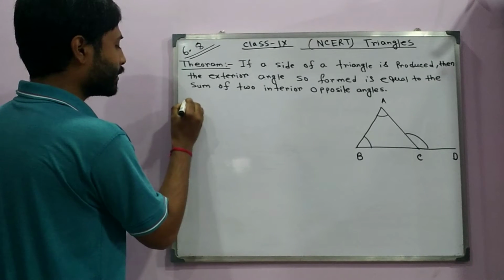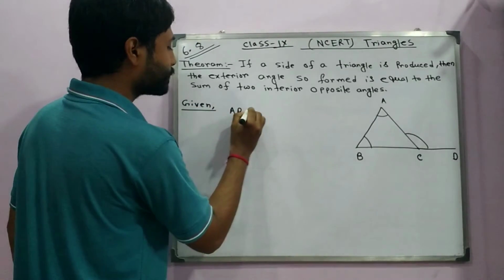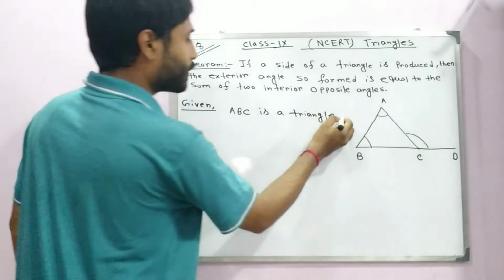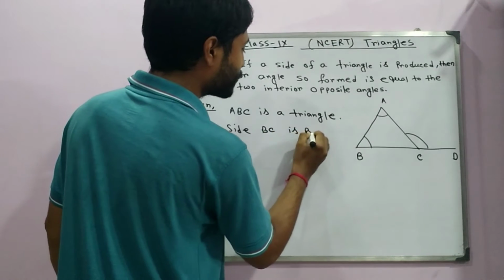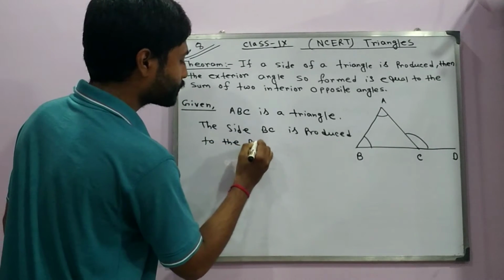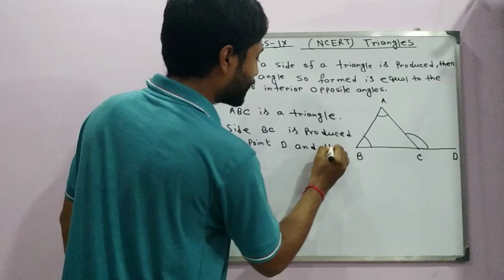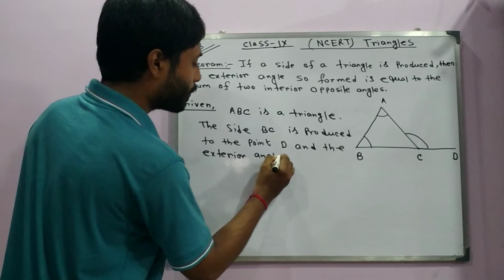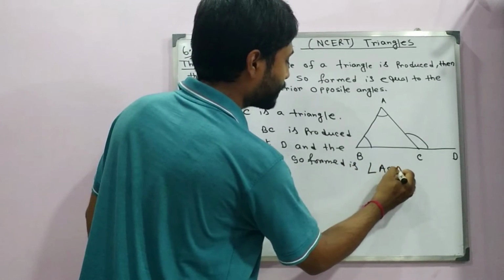So first we will write the given. Given: ABC is a triangle, the side BC is produced to the point D, and the exterior angle so formed is angle ACD.